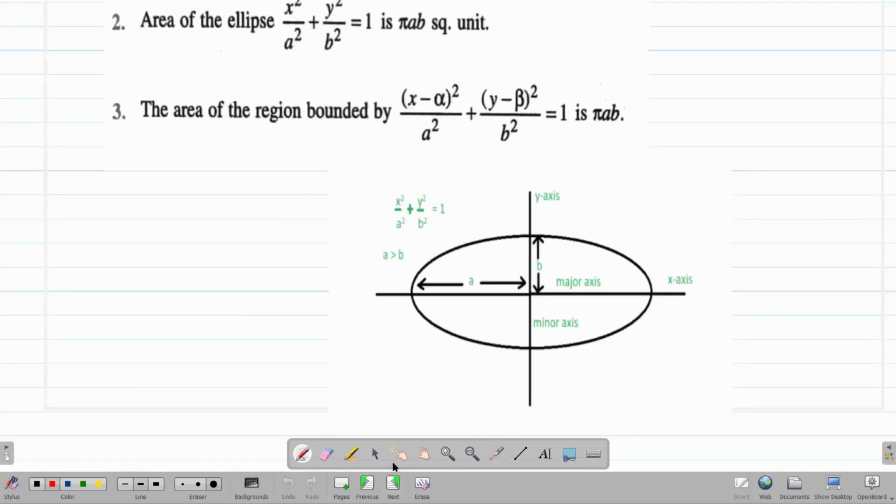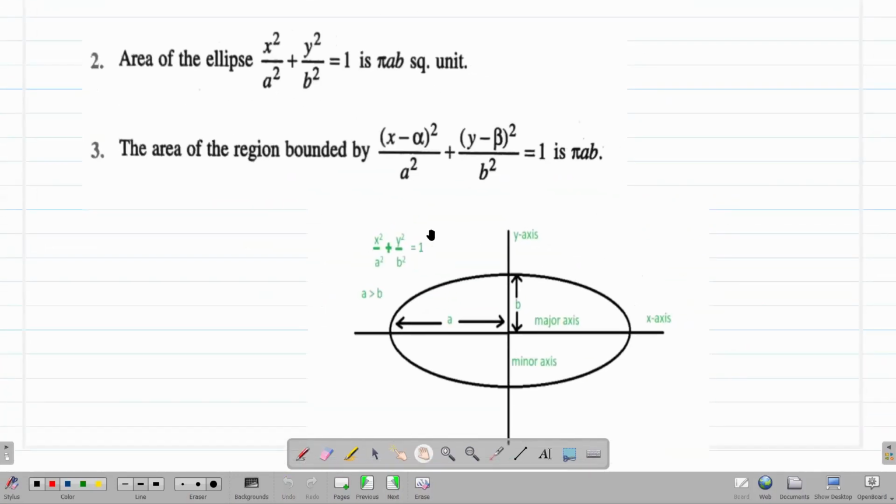Now another shortcut. As we know, the area of a circle x² + y² = r², whose center is at the origin and radius r, is πr². Similarly, the area of an ellipse whose equation is x²/a² + y²/b² = 1 is πab square units.